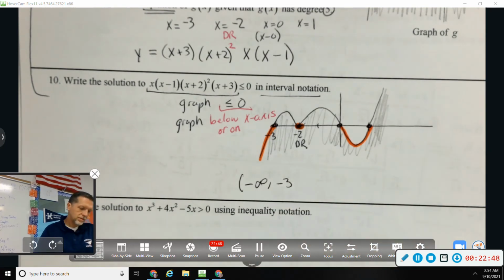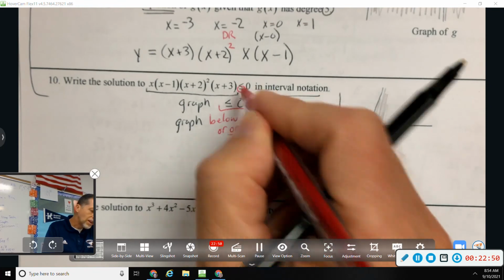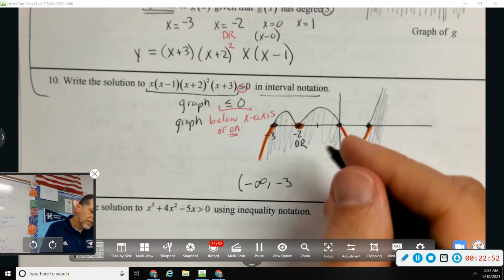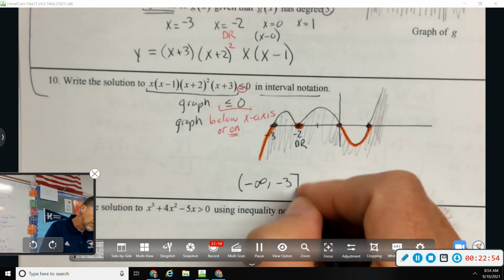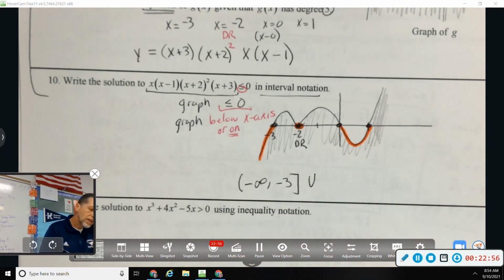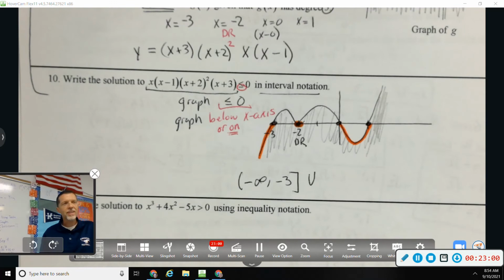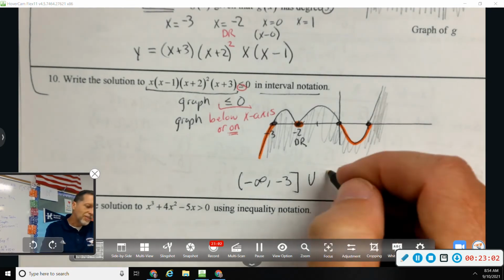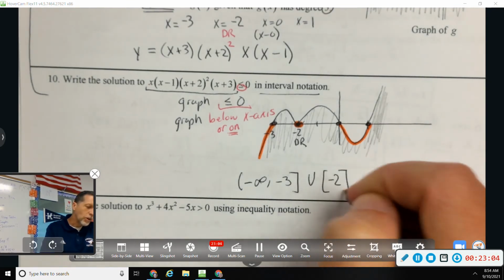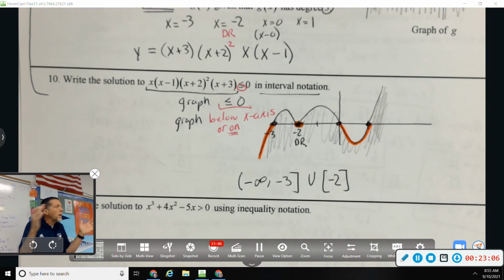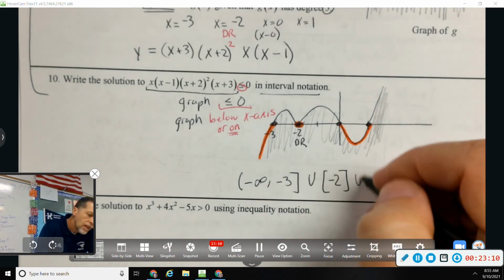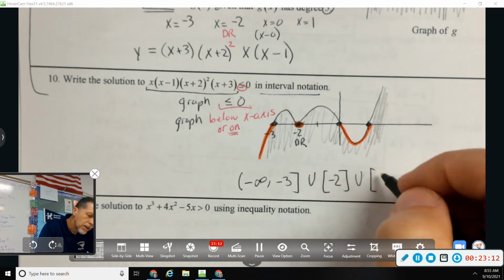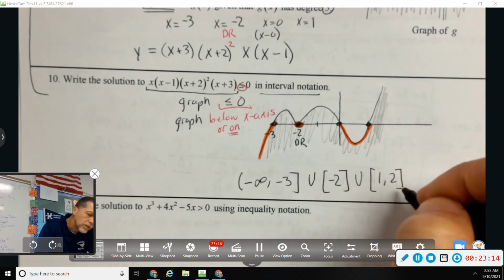Yes, because the equal sign means it could be on the x-axis, so we will include -3. Where's the next spot my graph is on or below the x-axis? -2. This is kind of weird, but only -2. So there's not like a span there. It's just -2 is one of the answers. And then from 1 to 2. Oh, not 1 to 2, 0 to 1.